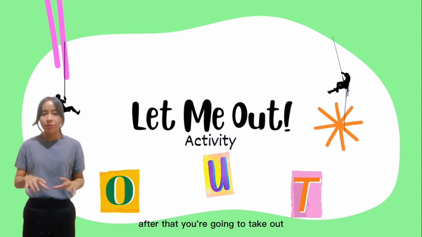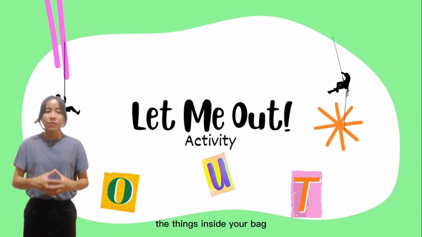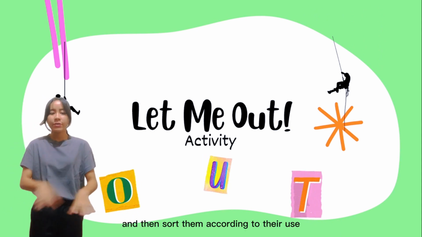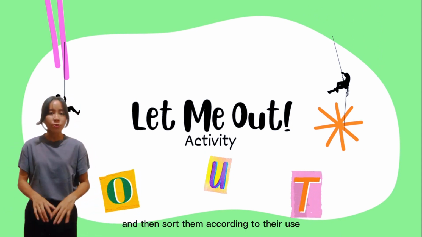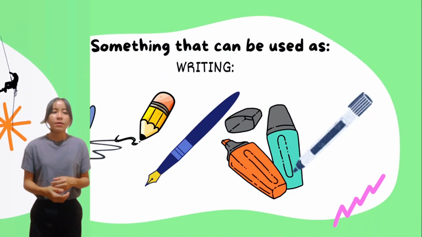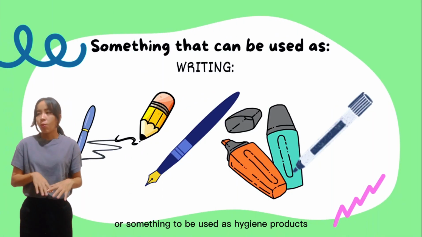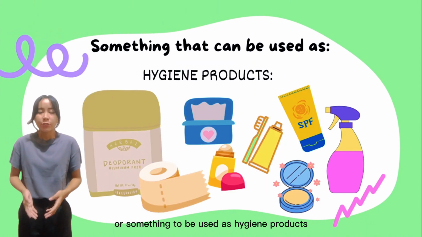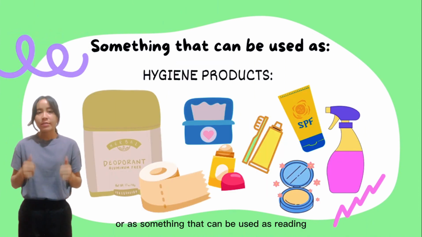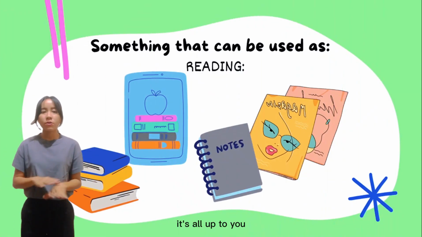After that, you're going to take out the things inside your bag and then sort them according to their use. For example, something that can be used for writing, or something to be used as hygiene products, or something that can be used for reading. It's all up to you.